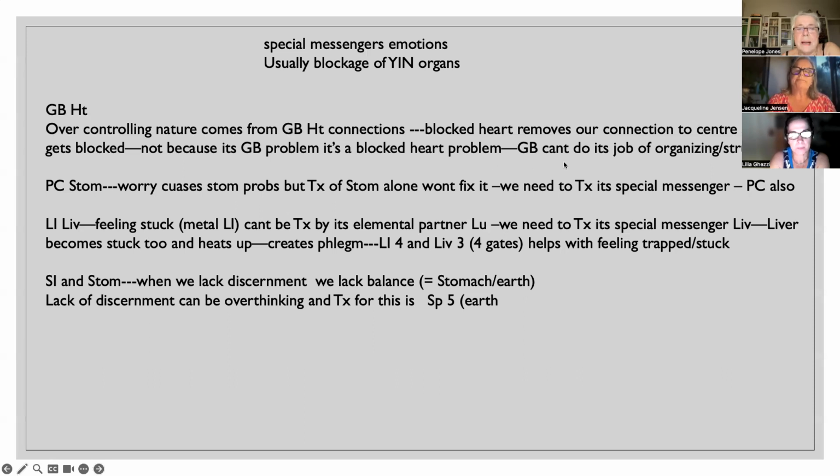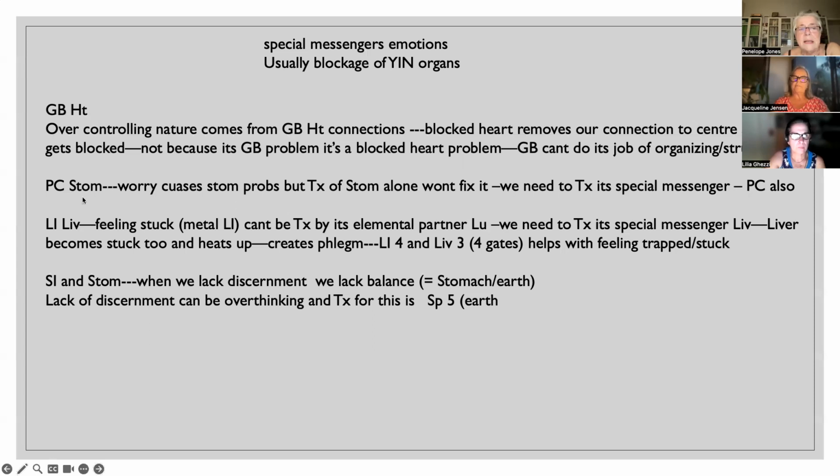So the gallbladder can't do its job of organizing and structuring. That's one of the most common things. This pair and the kidney-triple heater are the most common special messenger problems. The heart has a huge effect on the gallbladder.